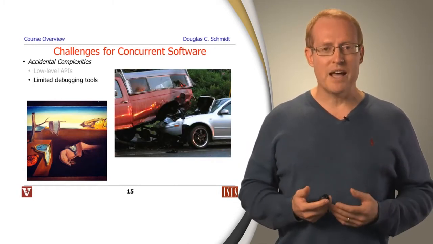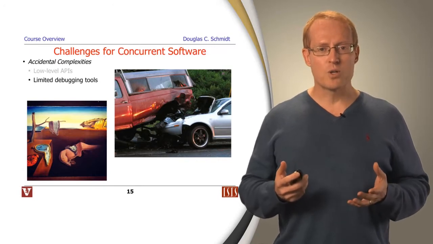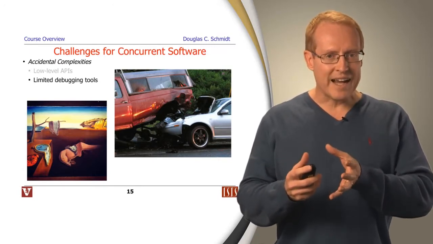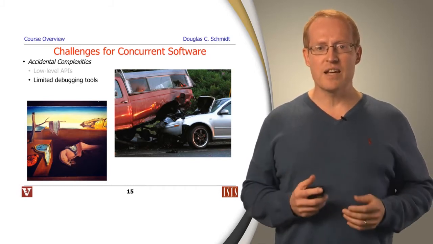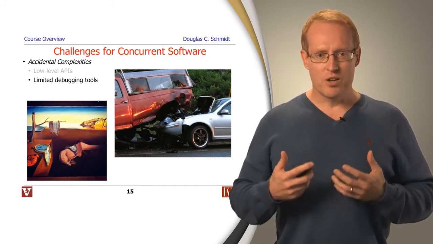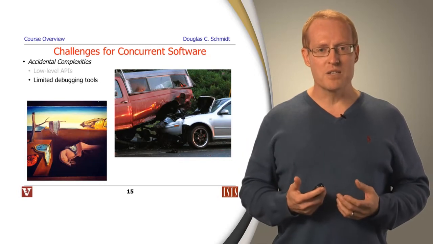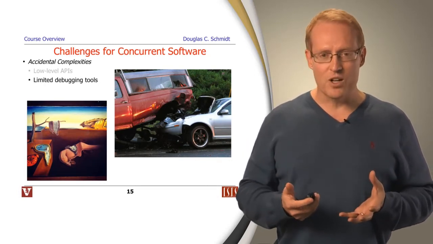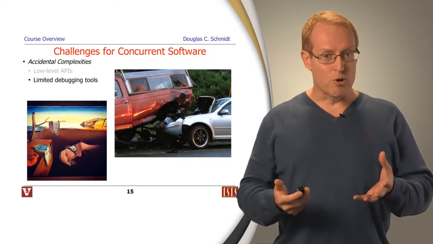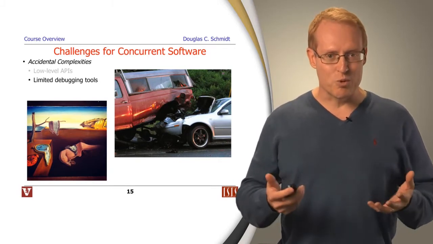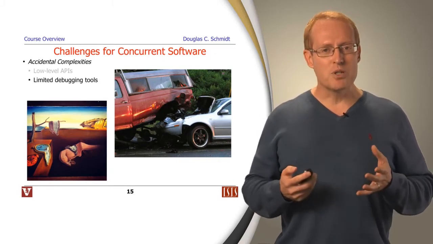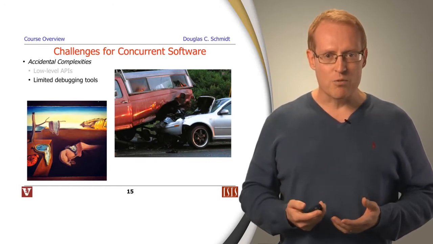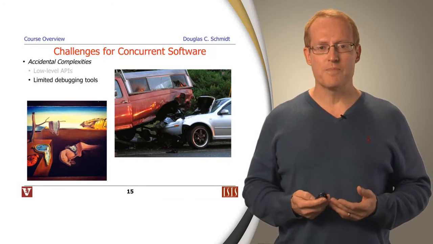Another related problem has to do with race conditions, which are situations where multiple threads of control are simultaneously accessing unprotected data structures, corrupting them, crashing into various pieces, and otherwise potentially having mistakes that are very difficult to show until your program is in the most important situation while it's running in a production environment. And most debuggers don't have very good support for catching these kinds of race conditions in your development environment.